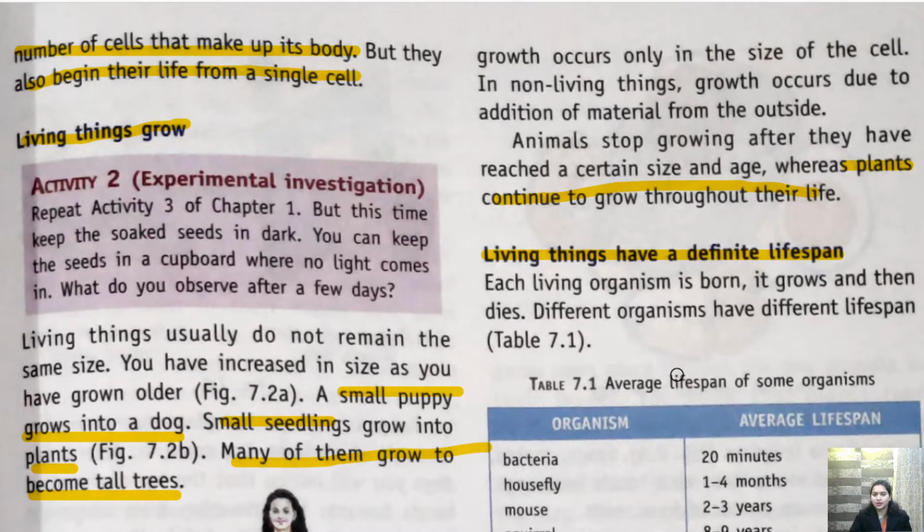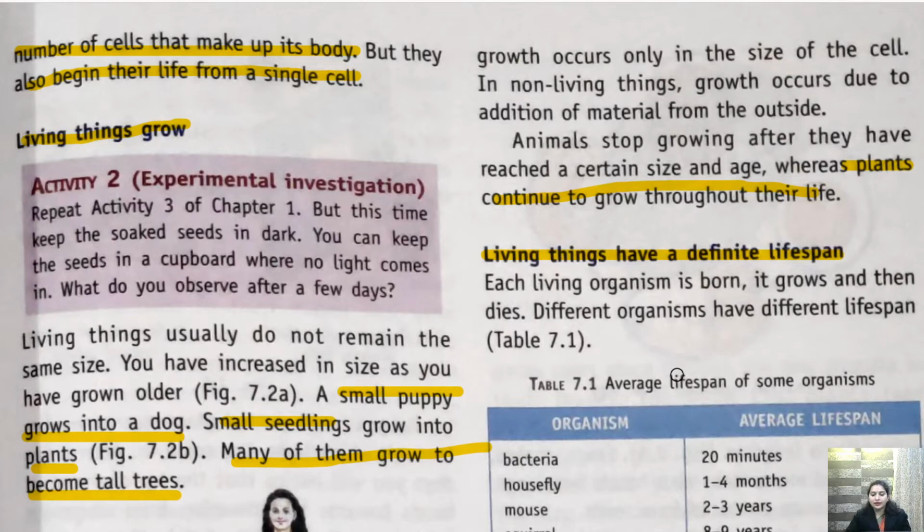Everybody has to die one day. Okay, so we have a certain lifespan. Animals also have a certain lifespan. Okay, what is lifespan? Lifespan is the duration or an average time or an average age till when humans or animals or any other living thing survives. It is called lifespan.